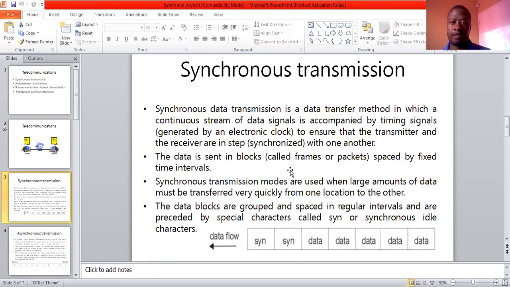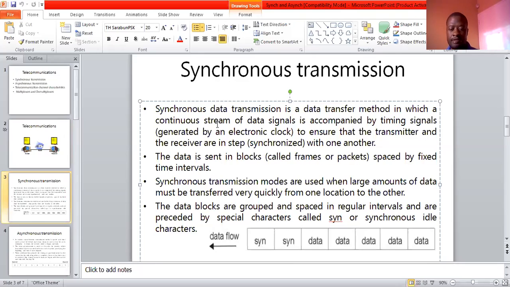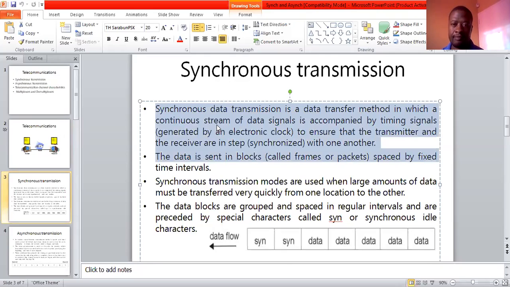So what is synchronous transmission? We say synchronous data transmission is a data transfer method in which a continuous stream of data signals is accompanied by timing signals generated by an electronic clock to ensure that the transmitter and the receiver are in step or synchronized with one another.